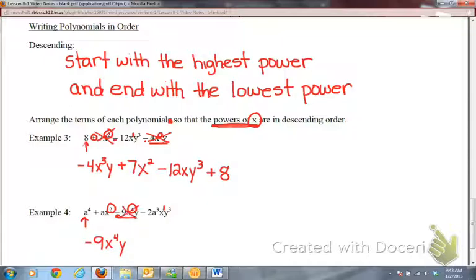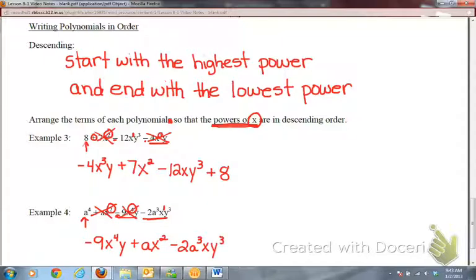Okay, that one's done. The next highest would be the 2. And that was positive, so plus ax to the second. There was a plus sign in front of that term. So that's why I put plus ax to the second. The next x is the one that was at the end, right here. It has a minus, so minus 2a to the third xy to the third.